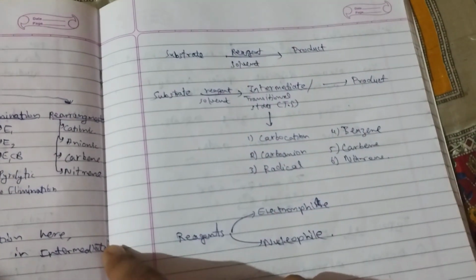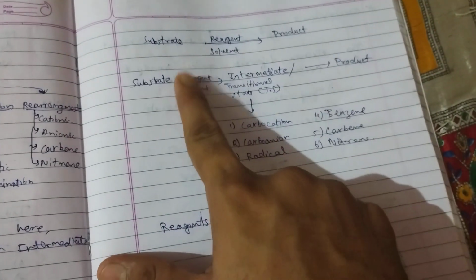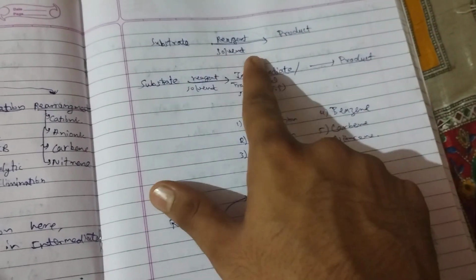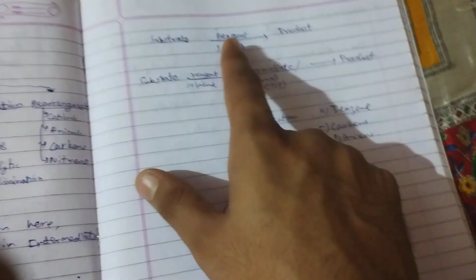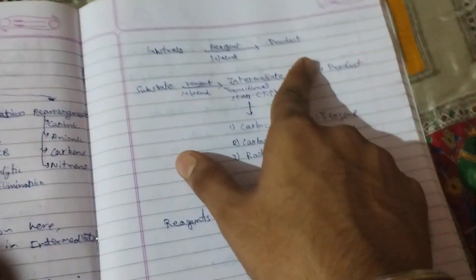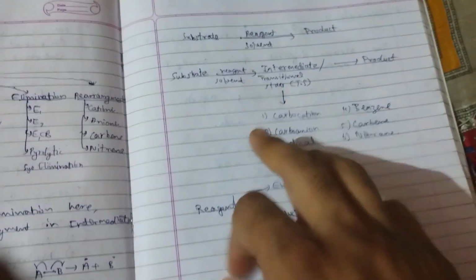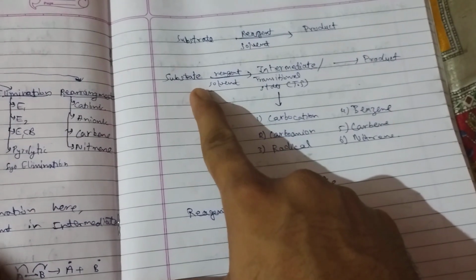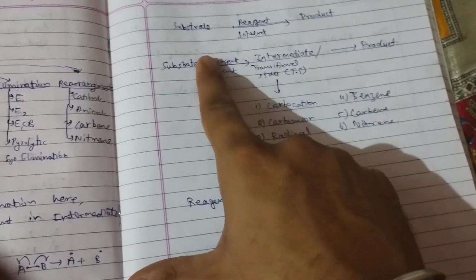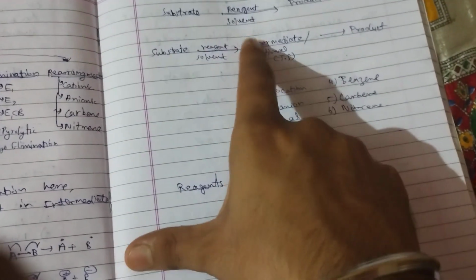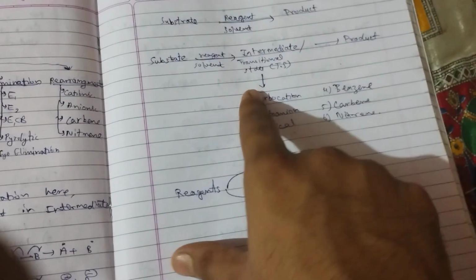Now what is a reaction? When we put a substrate in a solvent and add a reagent, we get a product. This is simply what we mean by a reaction. All these terms I will explain much more carefully in later videos.